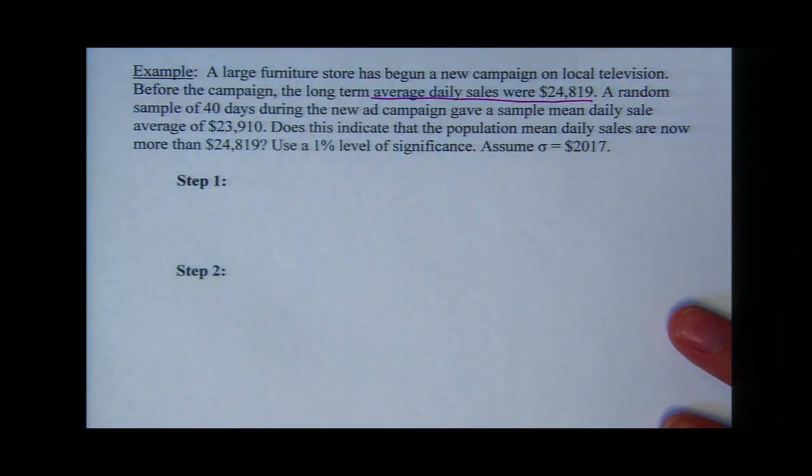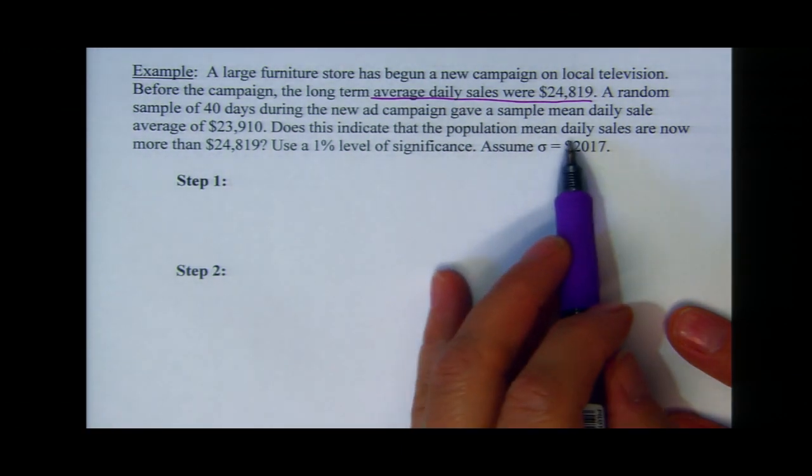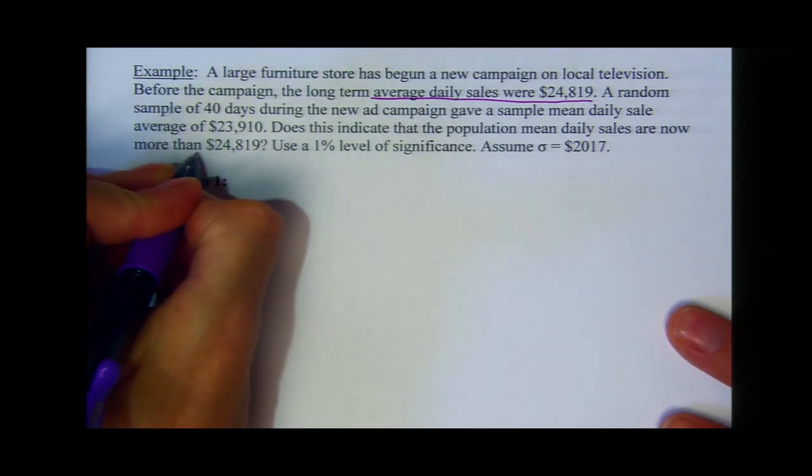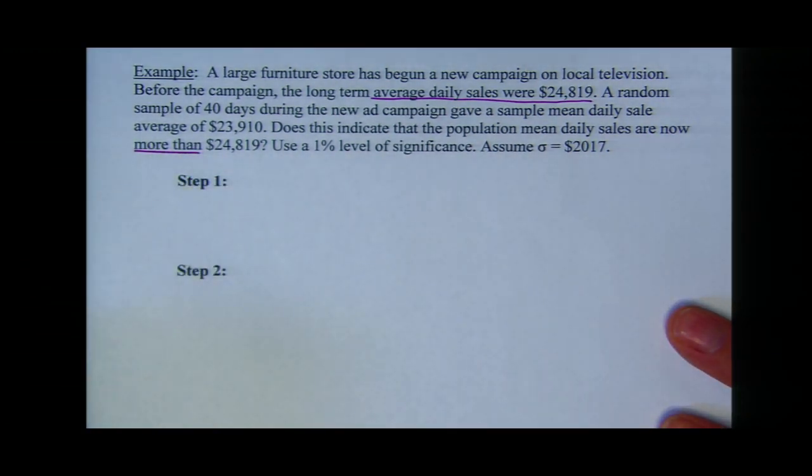A random sample of 40 days during the new ad campaign gave a sample mean daily sale average of 23,910. Does this indicate that the population mean daily sales are now more than the 24,819? Use 1% level of significance and assume that sigma is 2,117.